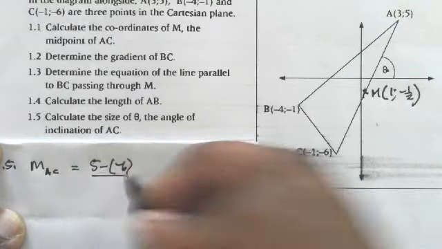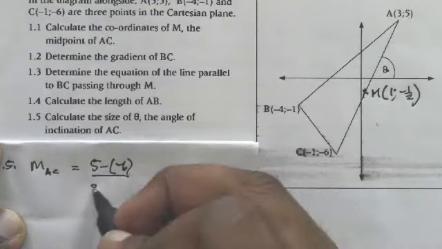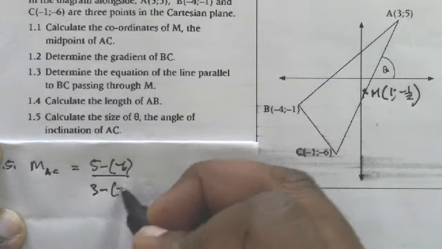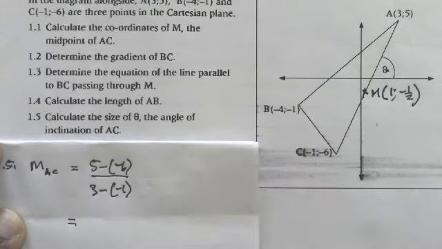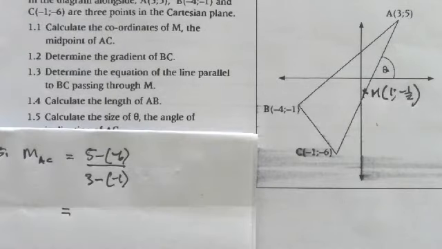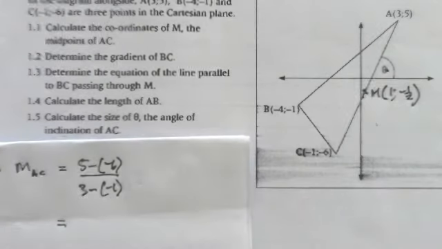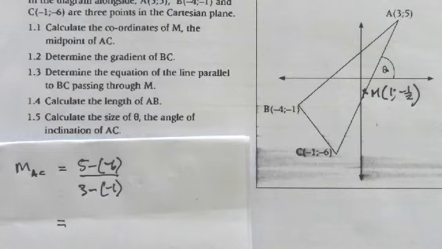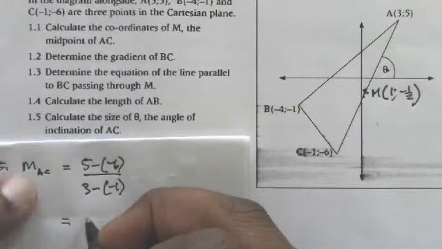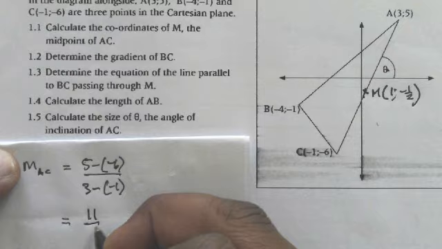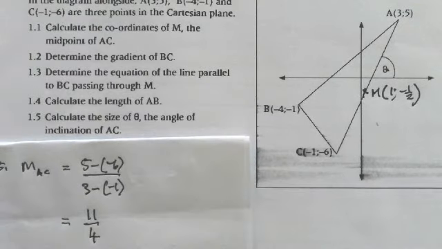y2 minus y1. So that's 5 minus negative 6 over 3 minus negative 1. This you can also just do straight away in your calculator. 11 over 4.